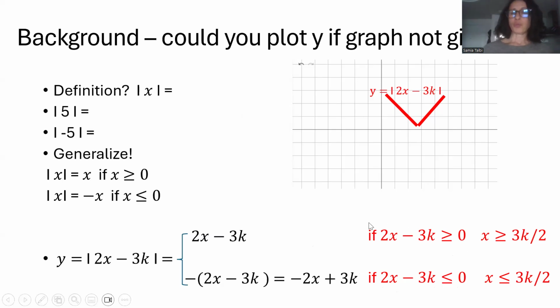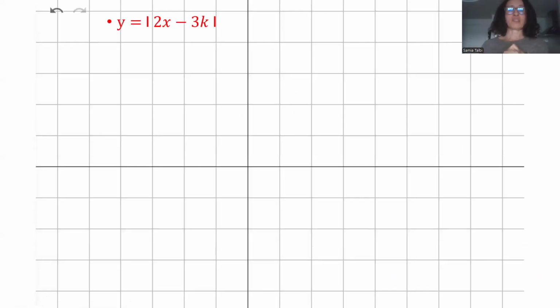Now, if we were to plot y equals 2x minus 3k, sorry, this one, I mean, or y equals minus 2x plus 3k, we'd get just two straight lines. But because of the limitations, half of the straight lines will be cut off in the following way.